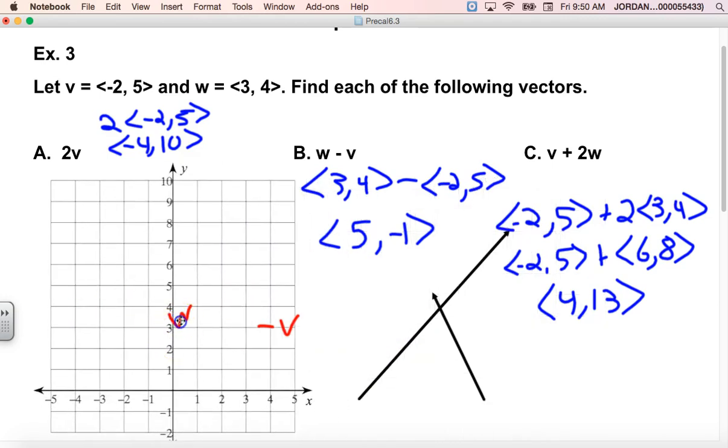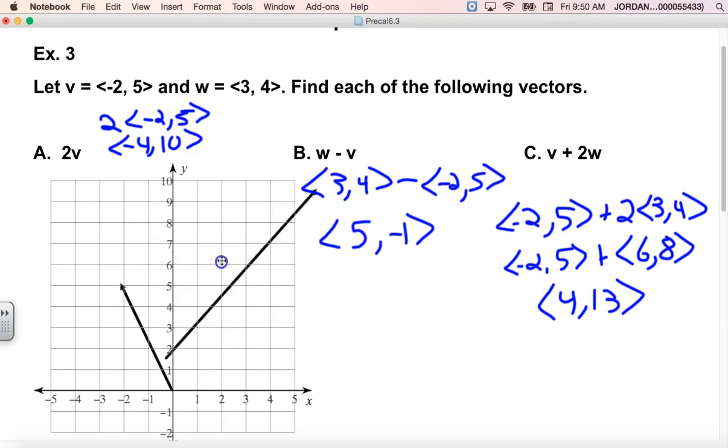Let's get this over here out of the way. Sorry, it's a little tough on this graph sometimes wanting to click the right thing. So there's v, and then we're going to add on 2w, right, which would be right there.